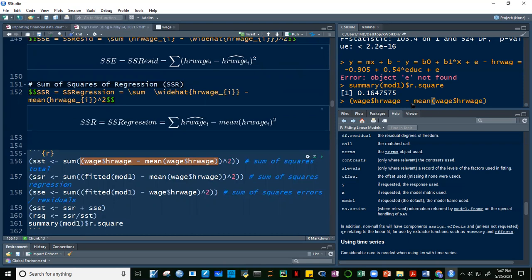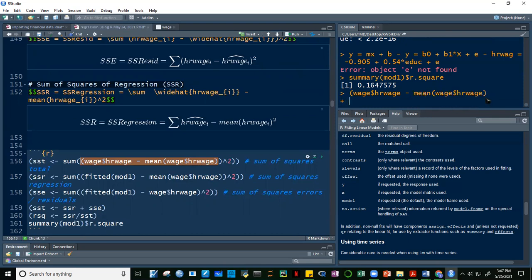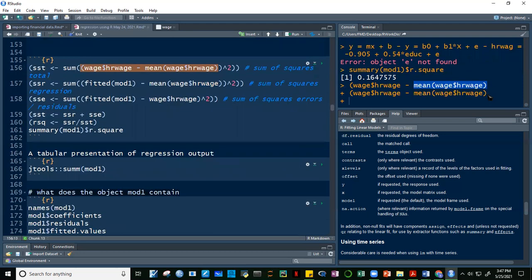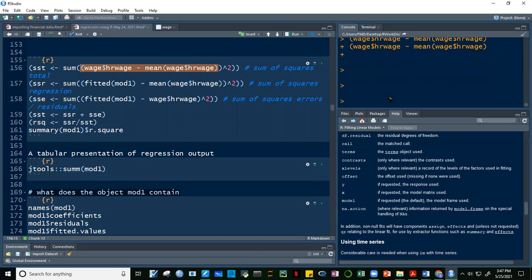Control V. So this is your hourly wage, no? Minus the average of hourly wage. Ito alam natin to na average is, diba alam natin yan eh. All right. So let's sum this up.